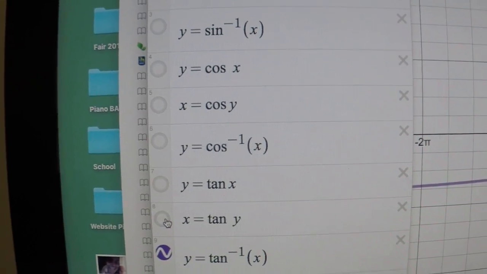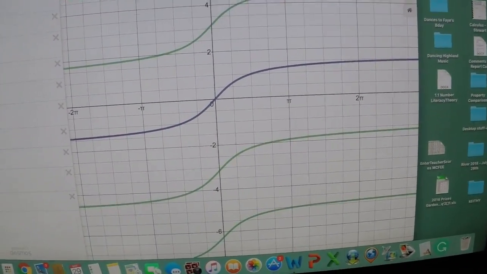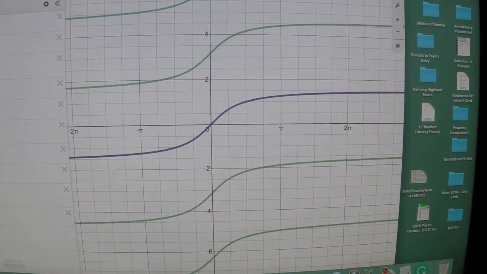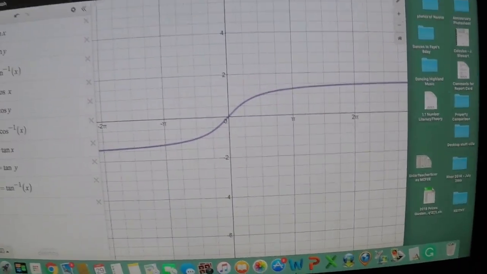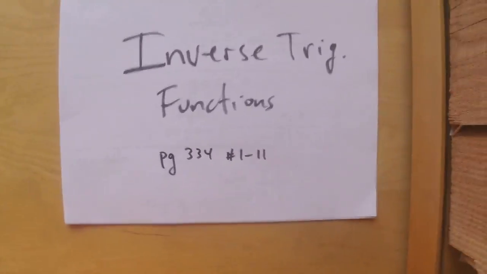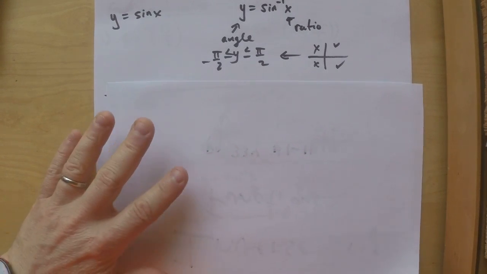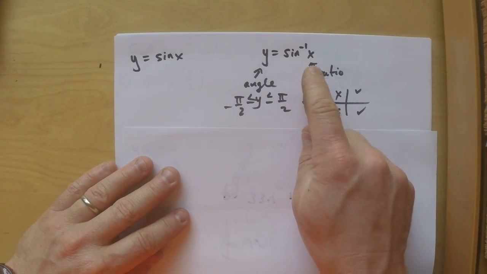So, some weird facts with these guys. Because they have so many troubles with the actual true inverse relation to make it a function, there have to be major restrictions. And that's what makes these guys a little bit of a gong show. So here we go. The theory behind this is, you know the regular sine function, the inverse sine function.